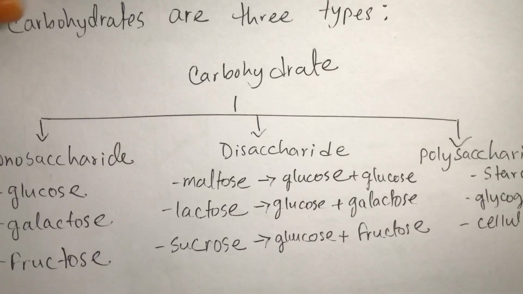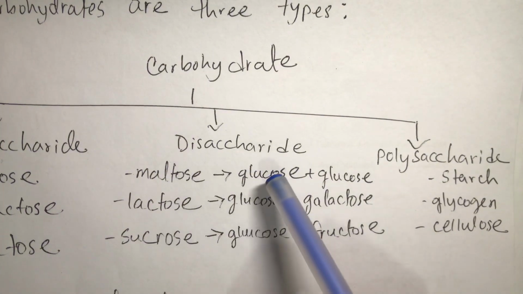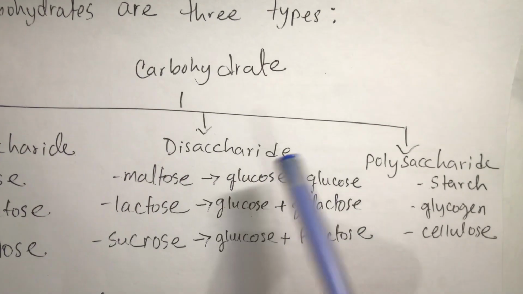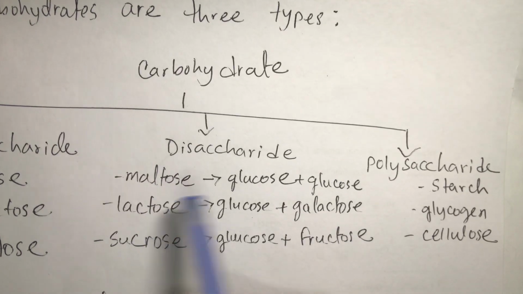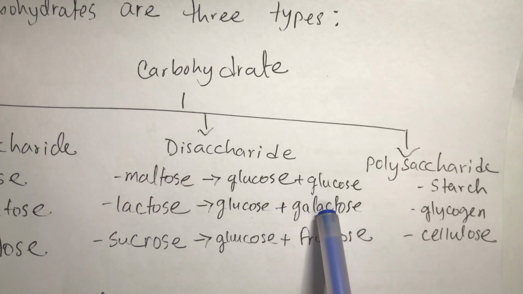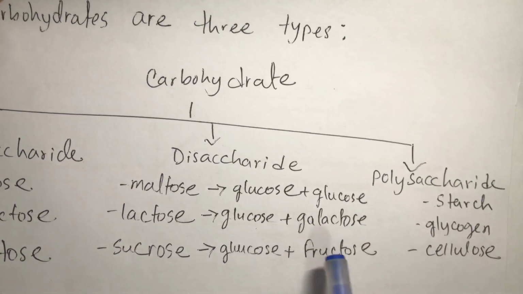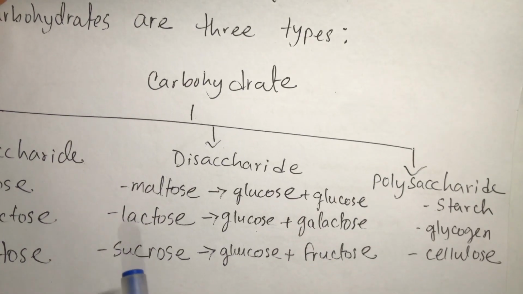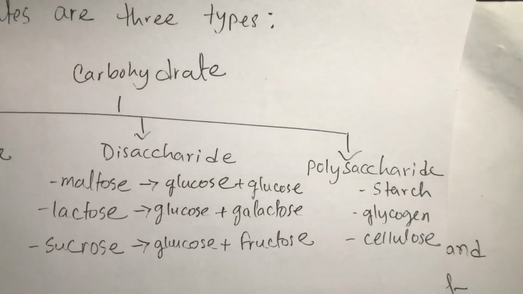And disaccharides are two units: glucose plus glucose makes maltose, glucose plus galactose makes lactose, and glucose plus fructose makes sucrose.